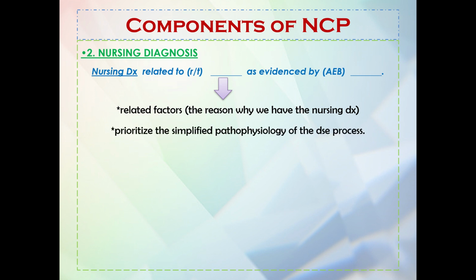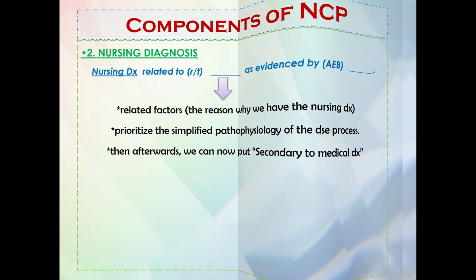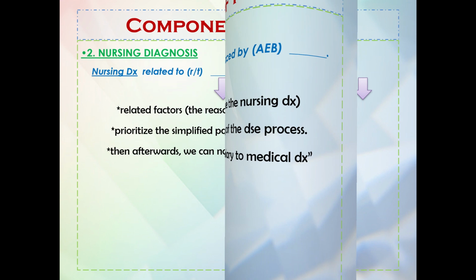In crafting the related to factors, we prioritize the simplified pathophysiology of the disease process. So, we just state the simplified pathophysiology of the disease that the patient has. And then afterwards, we can now put secondary to the medical diagnosis. I'll show you an example later.